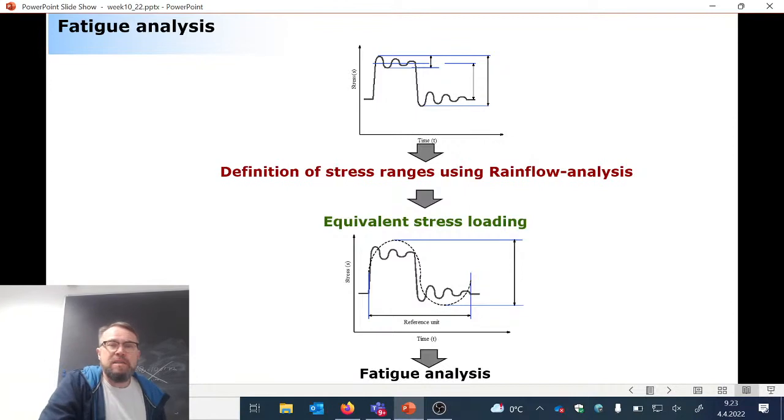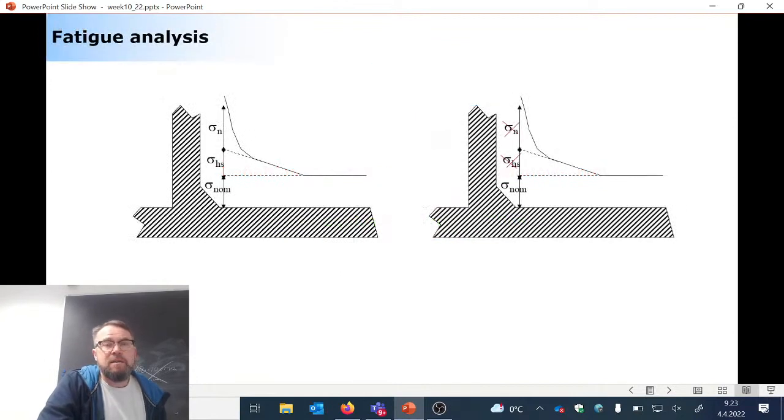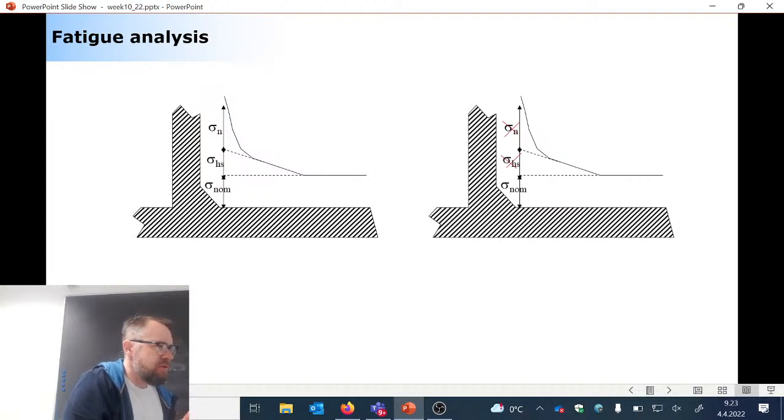Your fatigue analysis, how can you do that? Well, before you're able to do it, it's important to understand that when you take a microscopic look at your weld toe, the stresses are a little bit singular. There are quite heavy local stresses, and these local stresses are because of the local geometries.